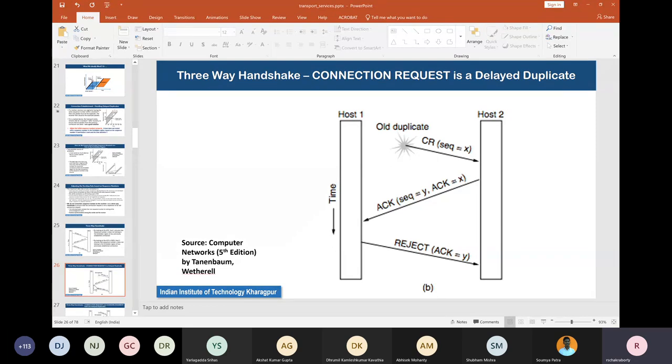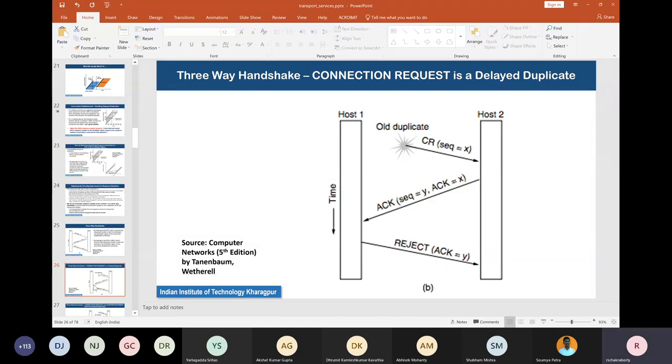Why is host 2 saying that I expect something whose sequence number should be x? That means he must have got confused by receiving some delayed old duplicate connection request segment from my side. That's why he is proposing that I will set up a new connection with sequence number x."